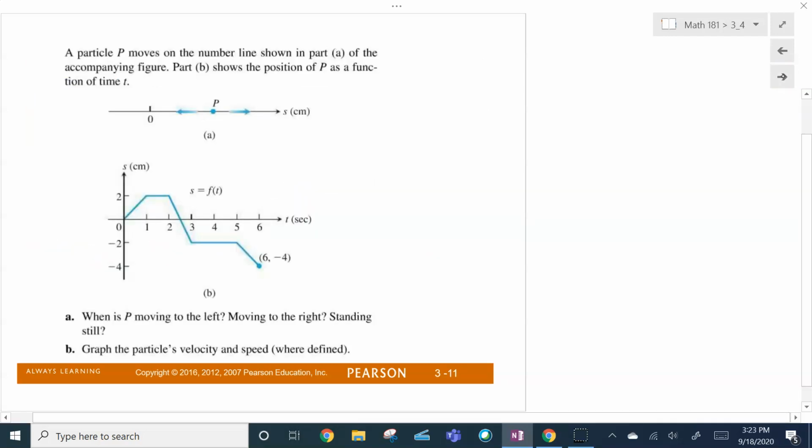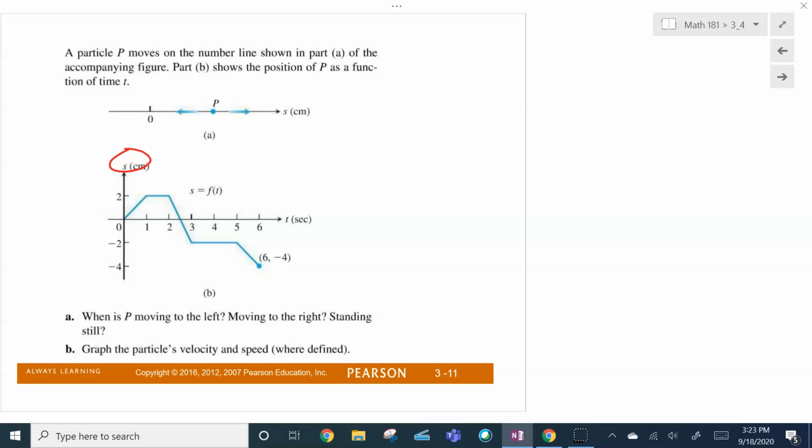Let's do some more analysis here with this particle moving right or left. If it's moving right, meaning our velocity is positive. If it's moving left, it's negative, right? So let's look at this. We have a position graph. Here's our position, time on the horizontal axis, position on the vertical axis.